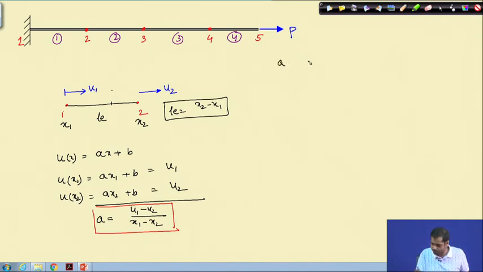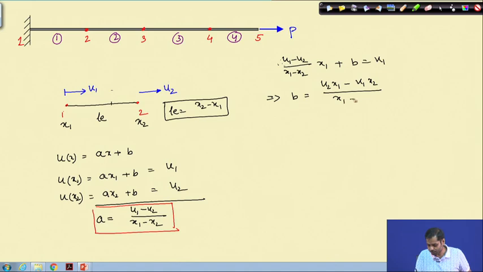Taking the first one, (u1 minus u2) by (x1 minus x2) into x1 plus b is equal to u1. If you solve that, we get b is equal to (u2 x1 minus u1 x2) divided by (x1 minus x2). This is b. Okay. So, this is important.